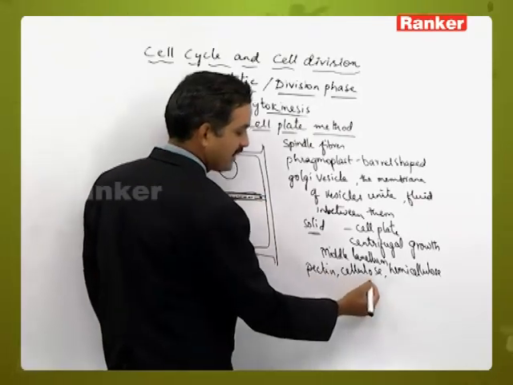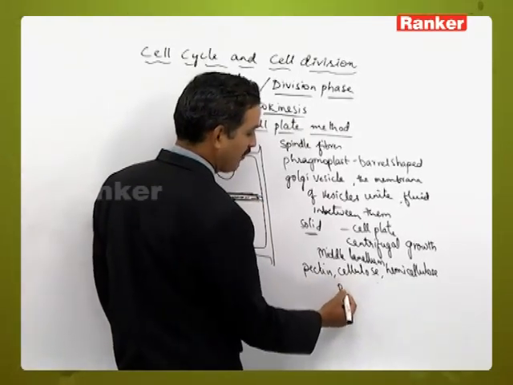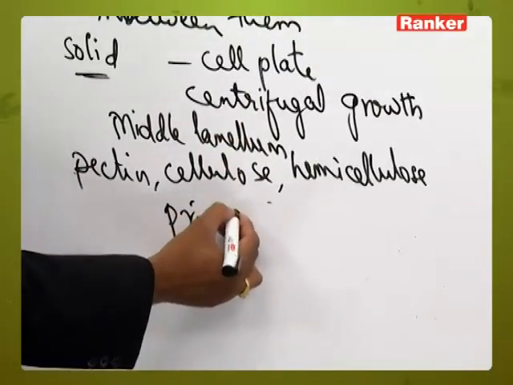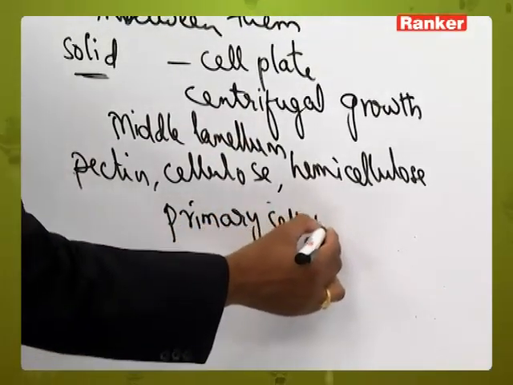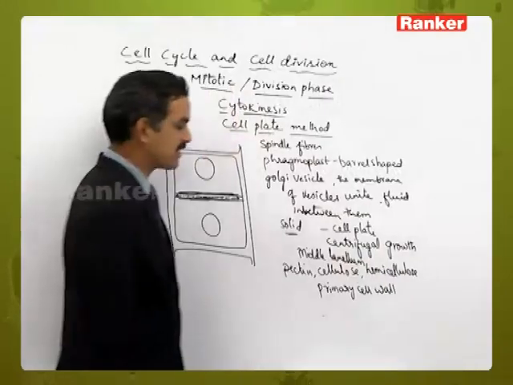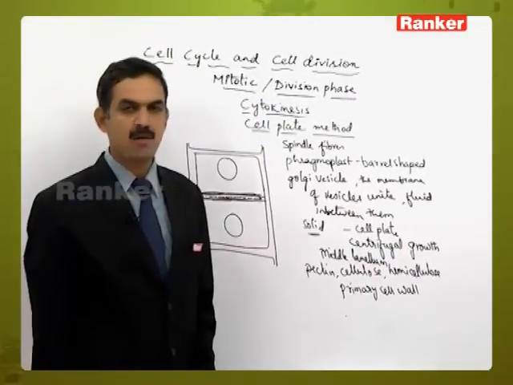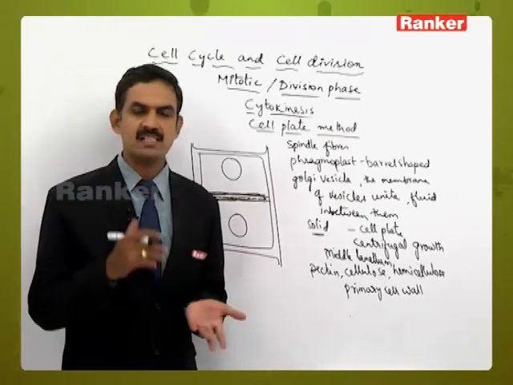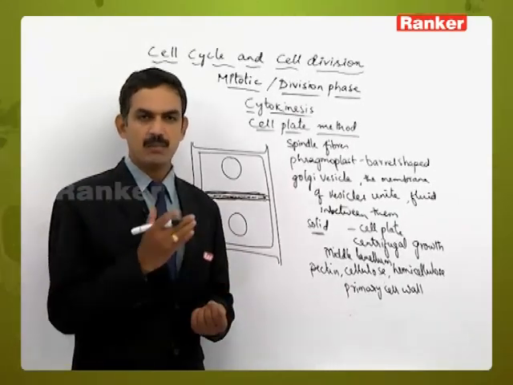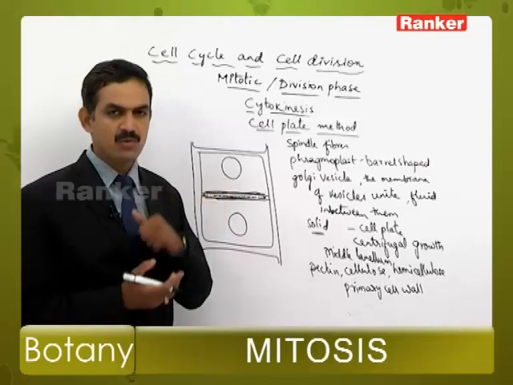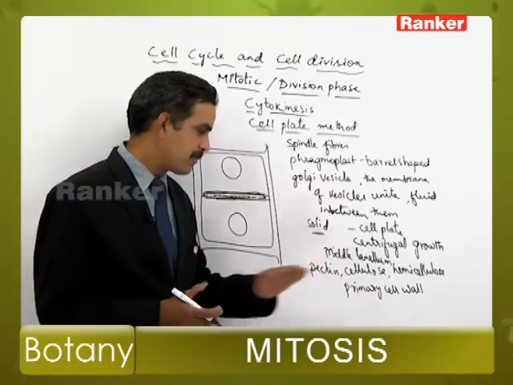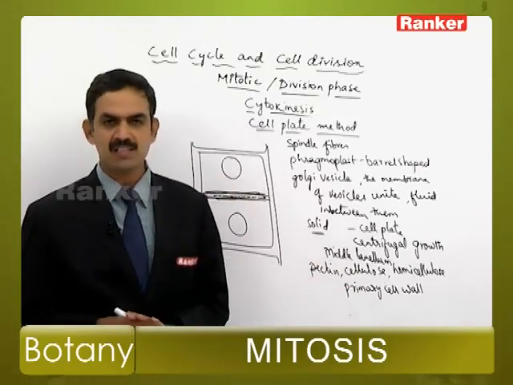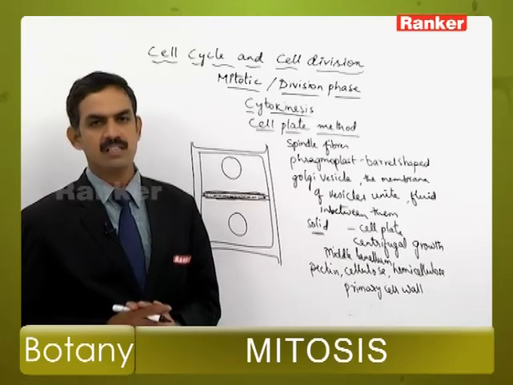As and when the cellulose, hemicellulose and pectin have formed, we call that the primary cell wall material. By the formation of the primary cell wall, we can consider that the cell has been divided into two daughter cells. The secondary cell wall is formed when the cell matures or becomes older. That is not the stage where the cell is divided, but as and when the primary cell wall is formed, we can consider that the cell has been divided into two daughter cells.